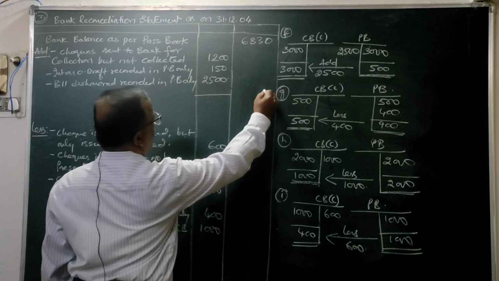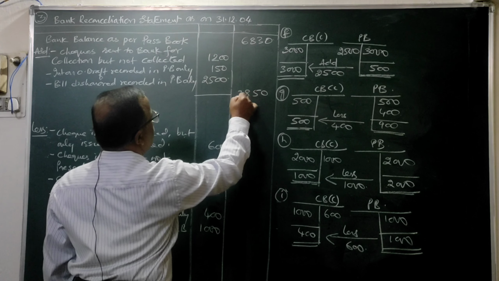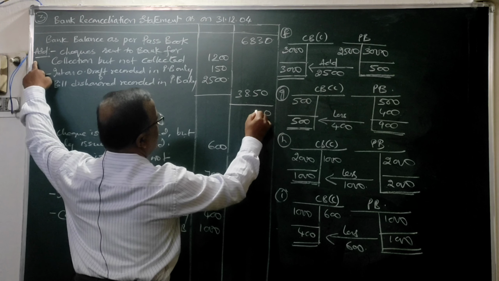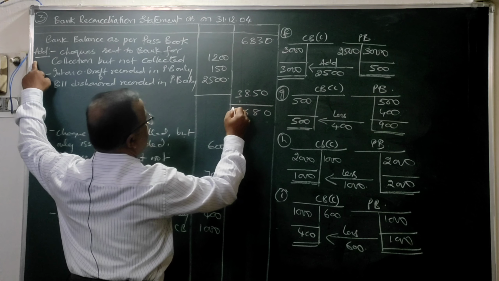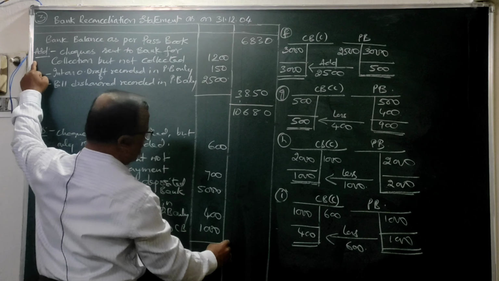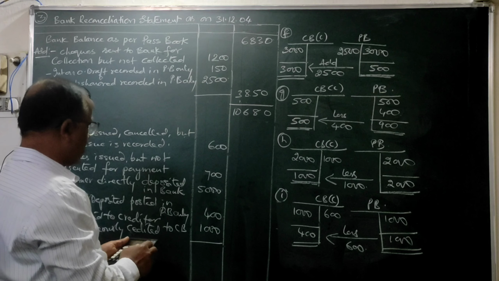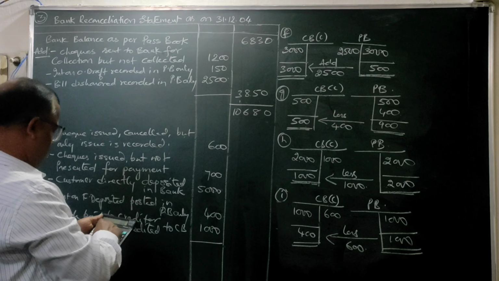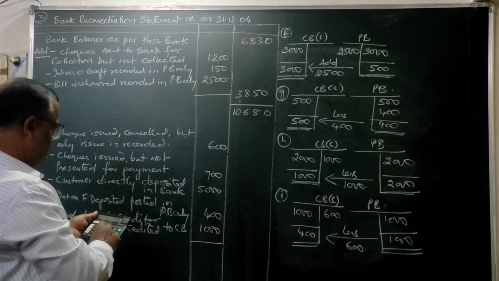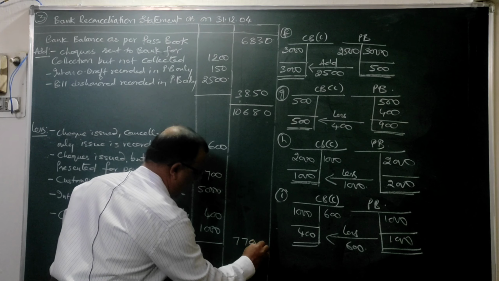So add these three. It will be 3,850. Add these two, and it is 10,680. Add all these. If you add it up, you can say 600 plus 700 plus 5,000 plus 400 plus 1,000, it comes to 7,700.